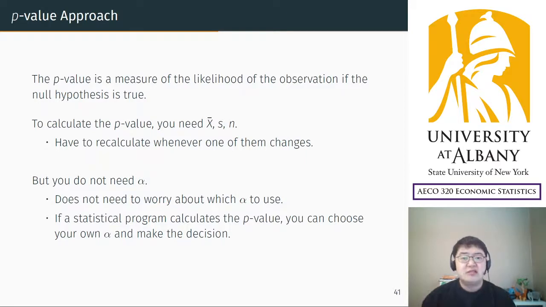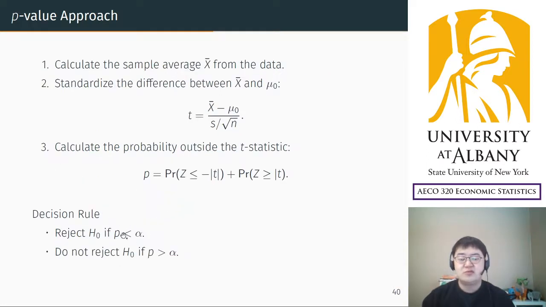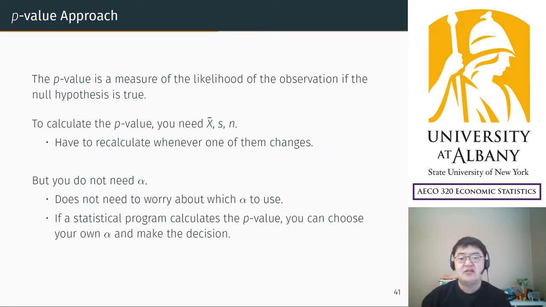So it is nice because alpha is just your choice. It doesn't need to be 1%, 5%, or 10%. It's an ad hoc choice. So when you present one result, if one reader does not like your alpha, then the reader may change alpha as much as he wants. It's very easy to make the decision or change the decision because the decision rule is simple. You can just compare the calculated p-value and your own alpha. Your own alpha is ad hoc, but you can change it easily.